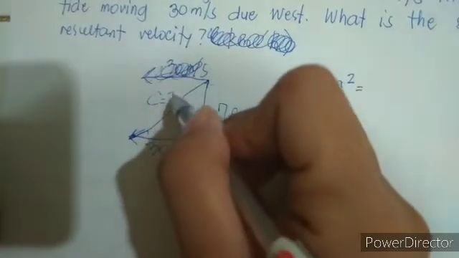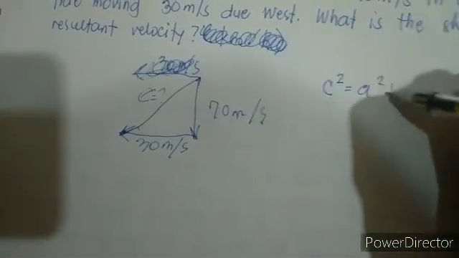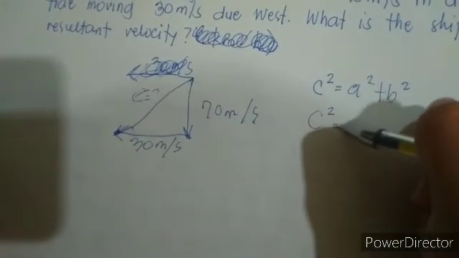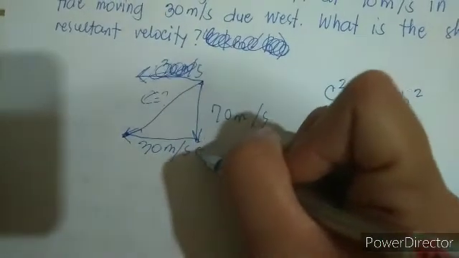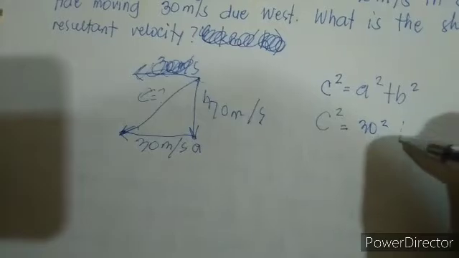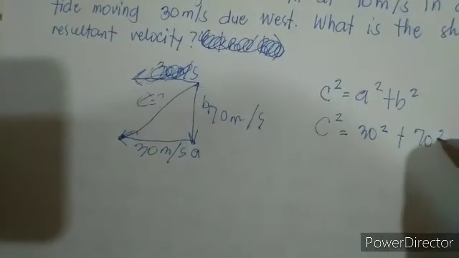So C squared is equal to A squared plus B squared. We have A here, B here, so C squared is equal to 30 squared plus 70 squared.